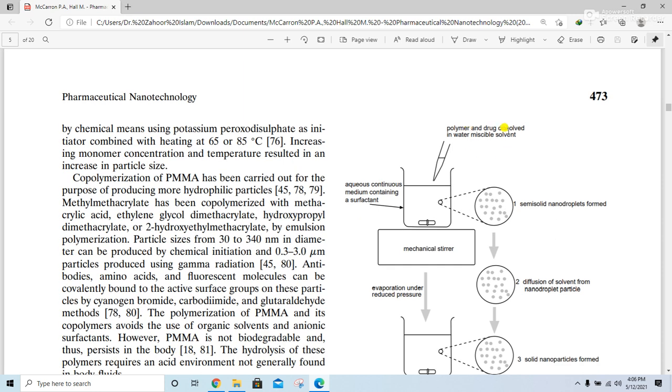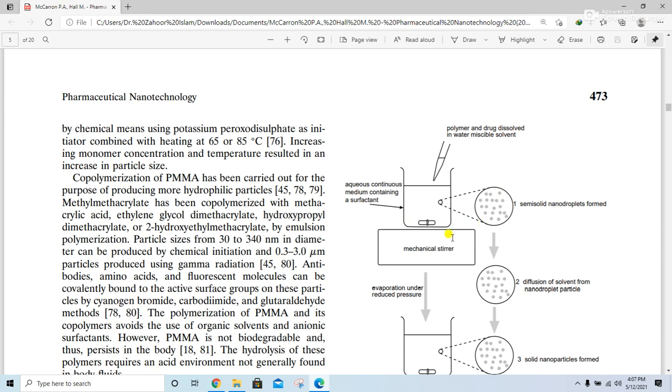Here the polymers and drugs are dissolved in a water-miscible solvent, which is added to the aqueous continuous medium containing surfactants, and the semi-solid nanodroplets are formed.